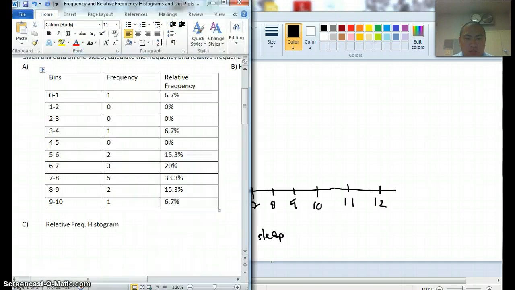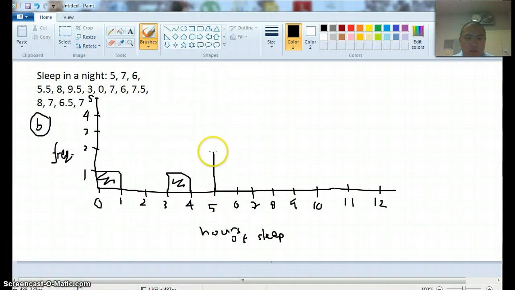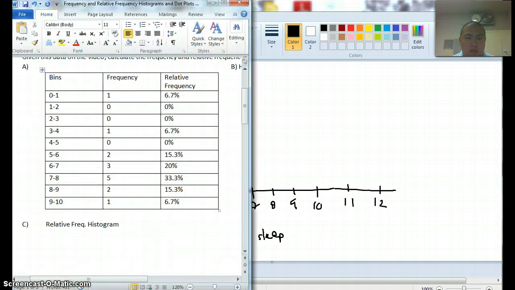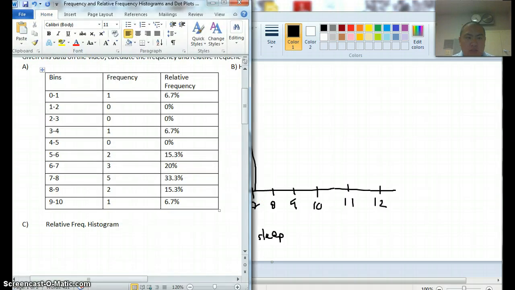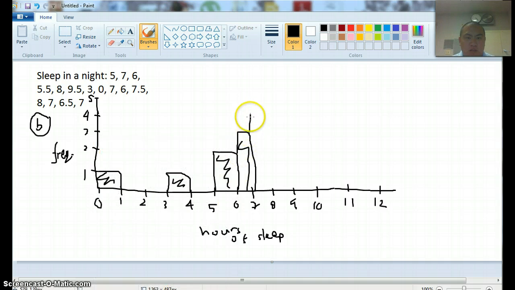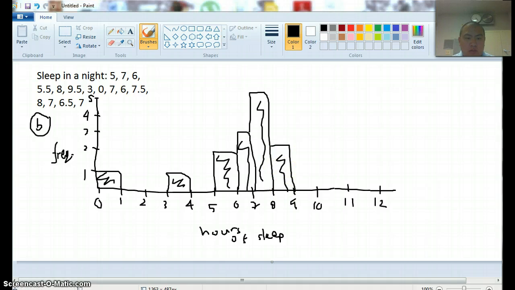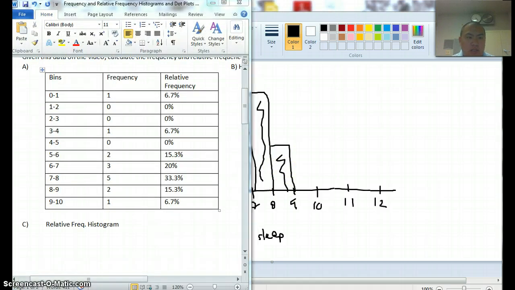Okay, let's see, 4 to 5 has 0, 5 to 6 has 2, 6 to 7 has 3, 7 to 8 has 5, 8 to 9 has 2, and then 9 to 10 has 1.